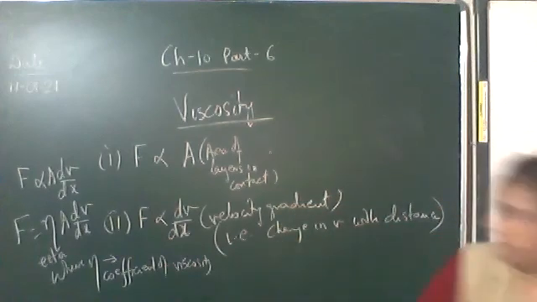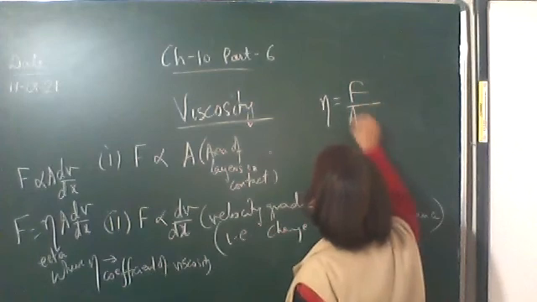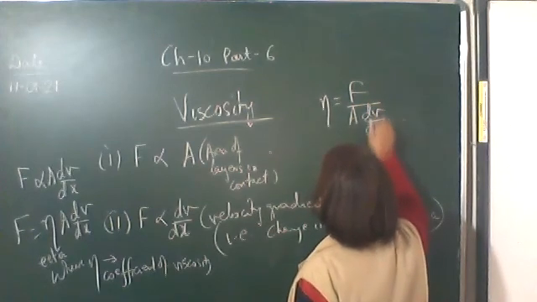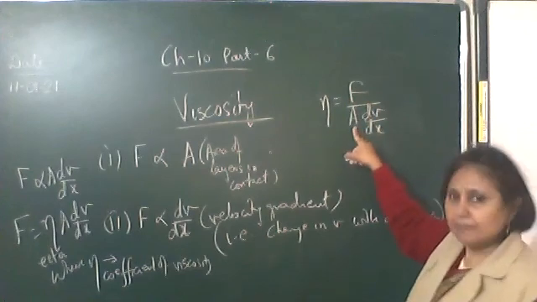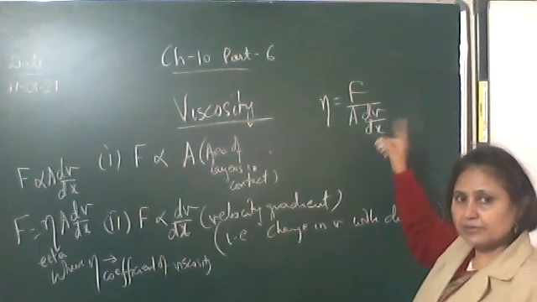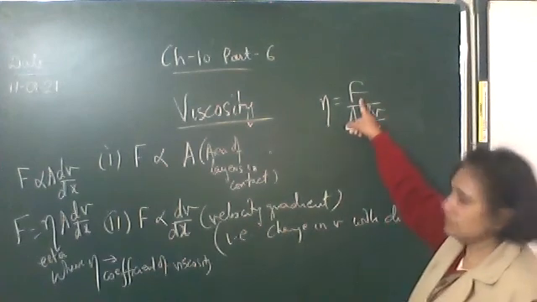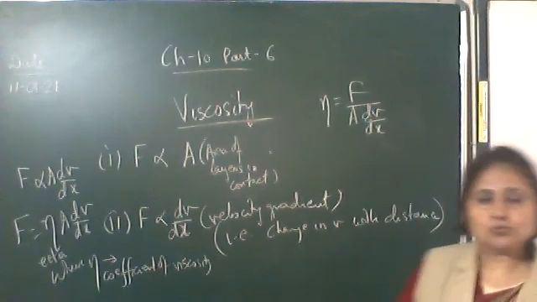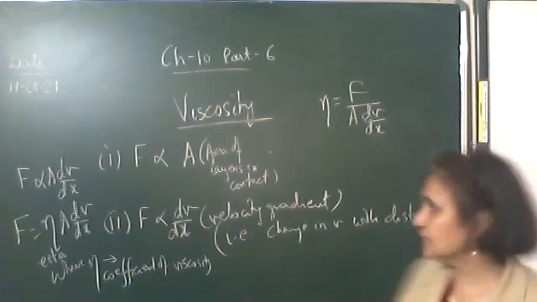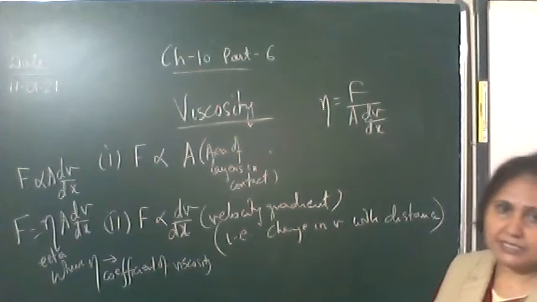From this expression we see that eta is equal to force upon A into dv by dx. So it is the viscous force per unit area per unit velocity gradient. So the coefficient of viscosity is equal to the viscous force when A and dv by dx are both unity, that is, viscous force upon A into dv by dx.